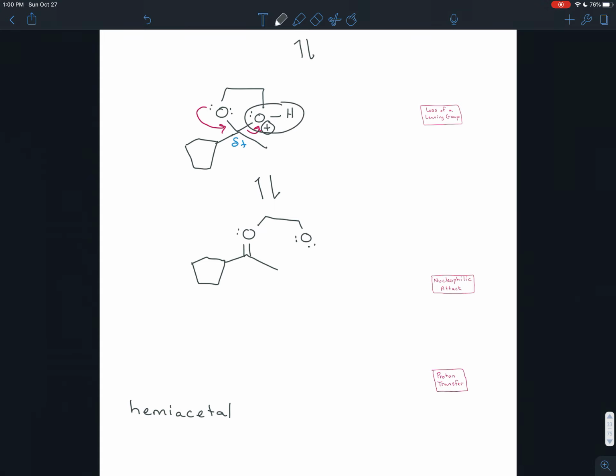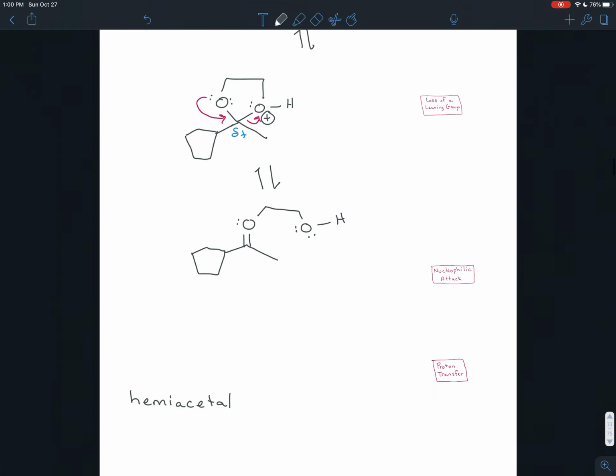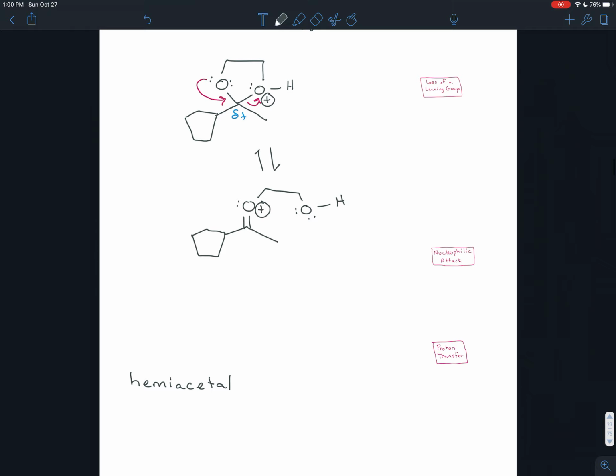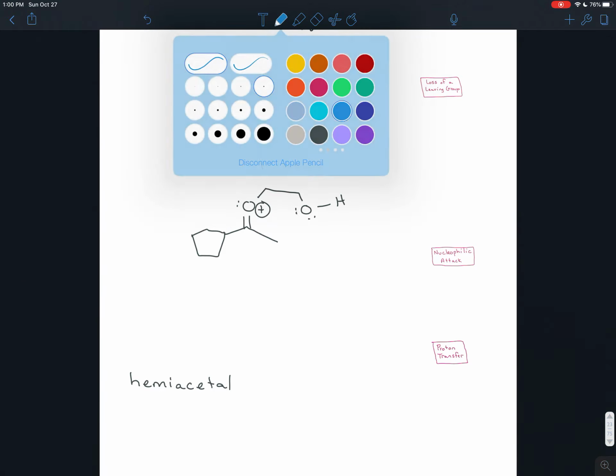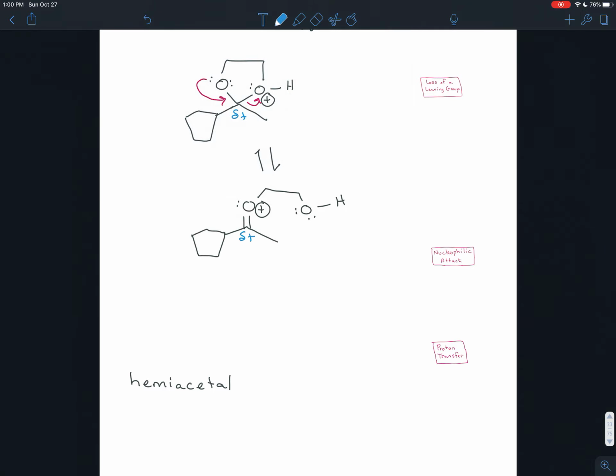On the other end, this oxygen will no longer be bonded to the carbon chain there. It leaves as an OH. The oxygen here has 3 bonds, so it has a full positive charge. Okay, well, we've seen this before in the acetal mechanisms. We have this oxonium ion, a carbonyl with the oxygen having a full positive charge. That steals electrons really well from that carbonyl carbon.